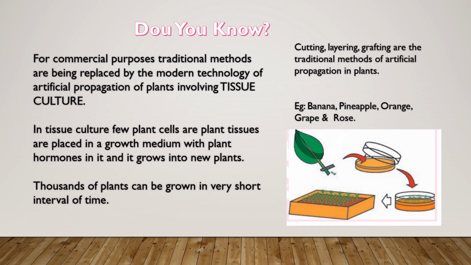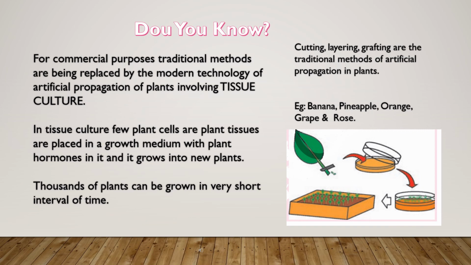Dear children, you know, cutting, layering and grafting are the traditional methods of artificial propagation in plants. Nowadays, technology has developed very well. So, instead of these traditional methods, we are using new advanced methods like tissue culture.